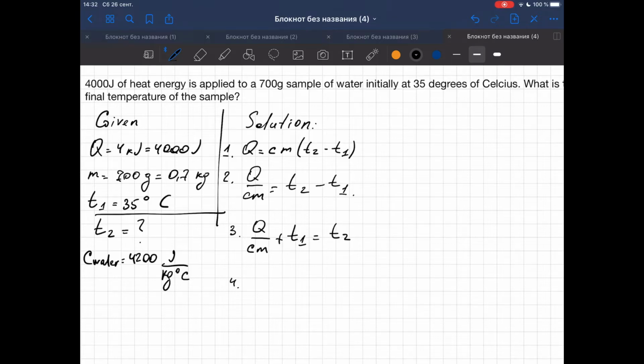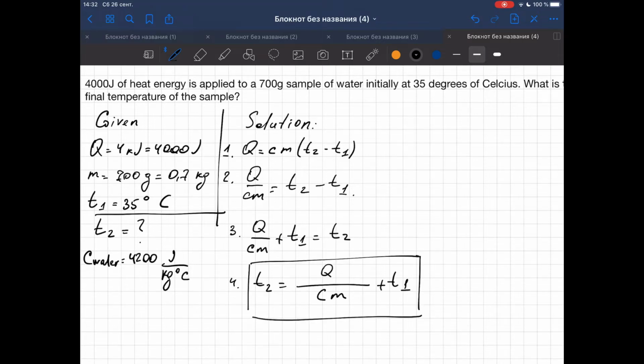And the first step, we just write down the operational formula. The second temperature is equal Q divided by Cm plus first temperature. This is our operational formula for this case.